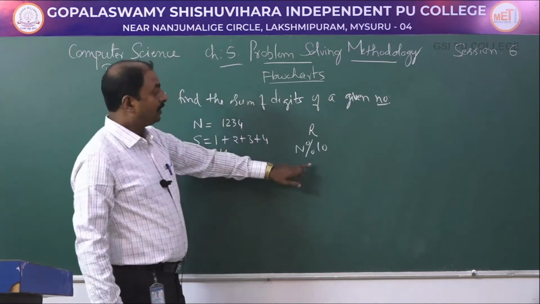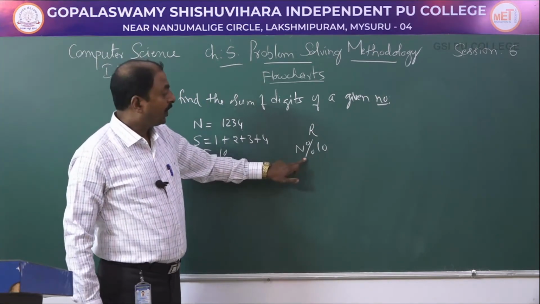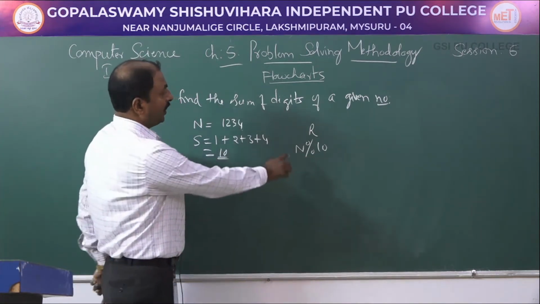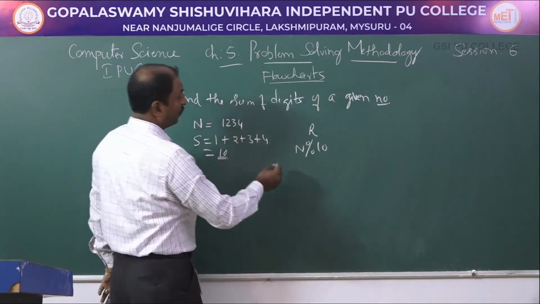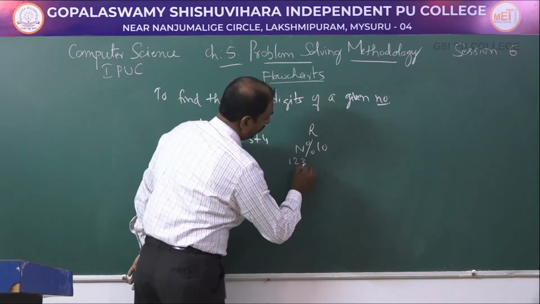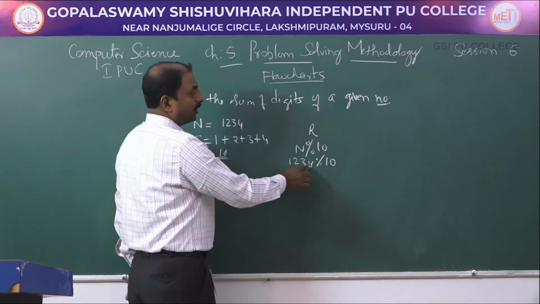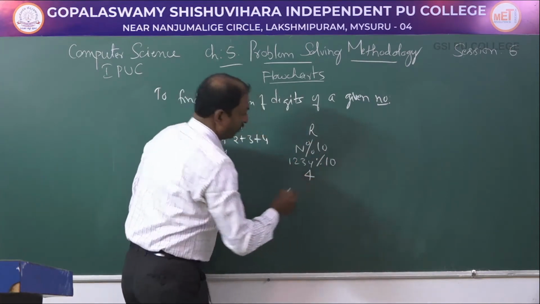Here, students, please note that this percentage symbol we are using in a program to find the remainder of any division. In this example, n percentage 10, where n is 1, 2, 3, 4, is nothing but the remainder. In this example, remainder is 4.